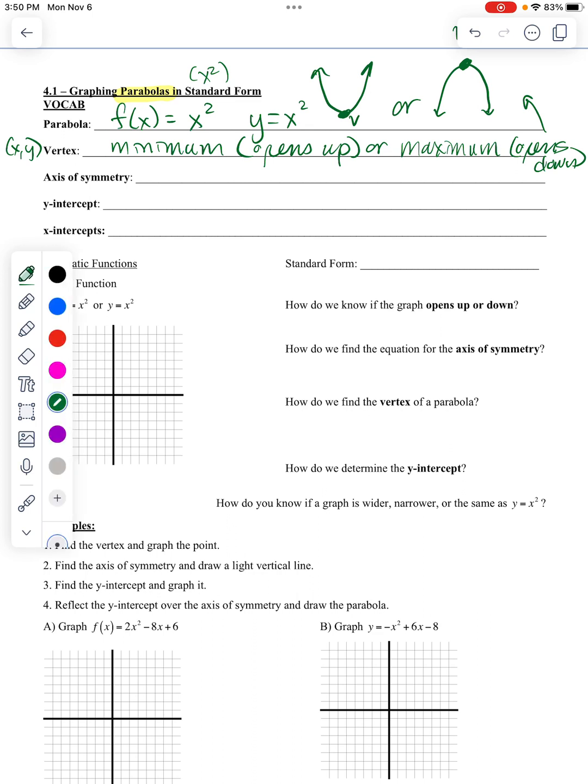Axis of symmetry is exactly that. It is a vertical line. Keep in mind that all vertical lines are going to have an x equals some number, and it goes through the vertex. So it's going to have an equation of x equals v sub x, and that's going to be the x coordinate of the vertex.